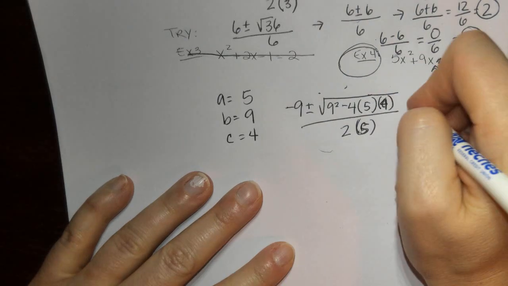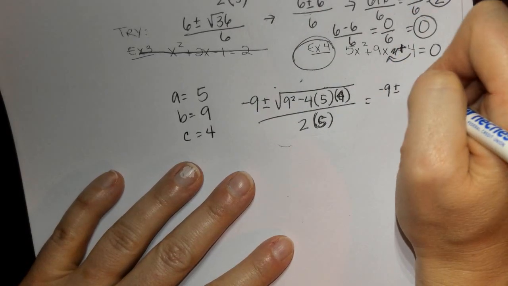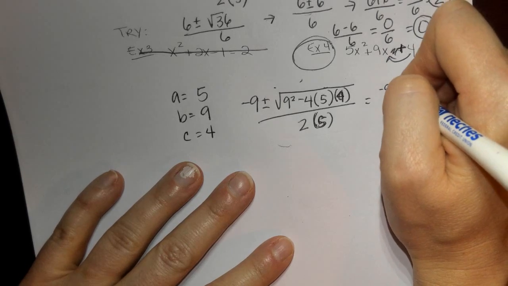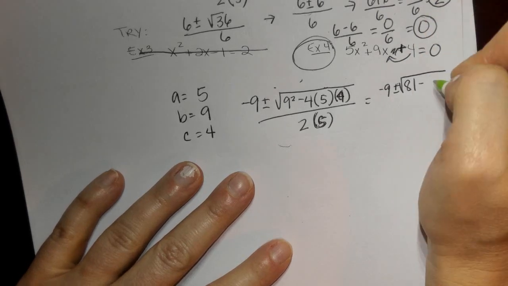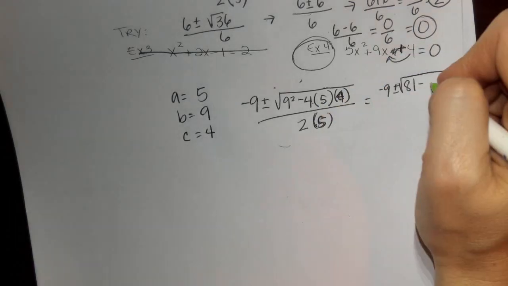Alright, so what does that simplify to? Negative 9 plus or minus the square root of 81, minus 5 times 4 is 20, times 4 is 80.